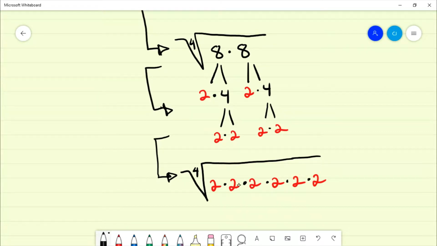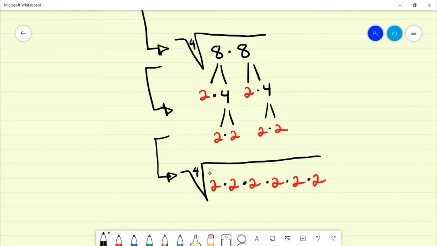Because then I can see that I can group a couple of these numbers and regroup them to the fourth power.